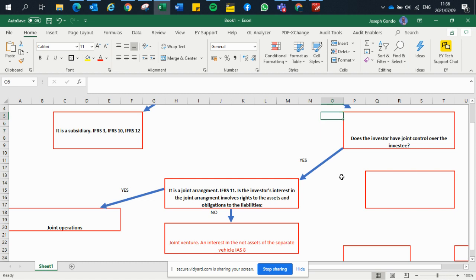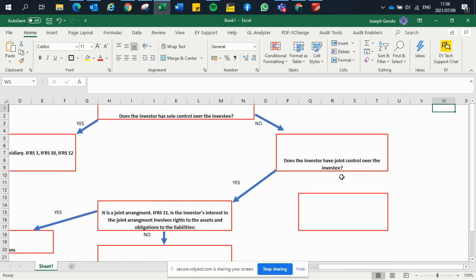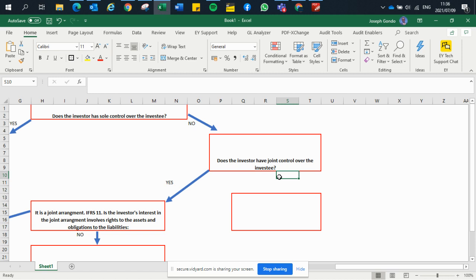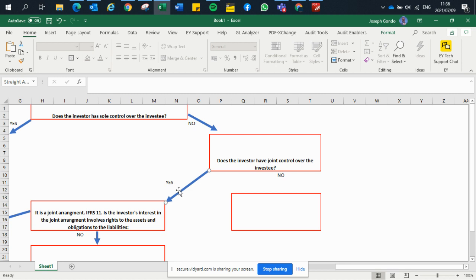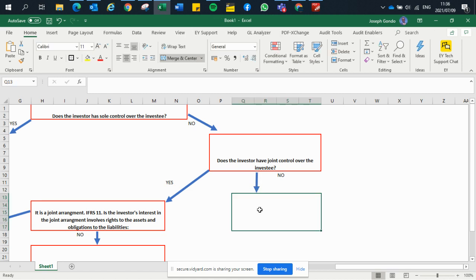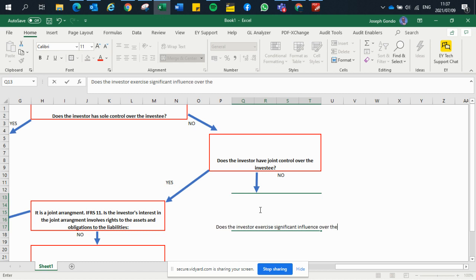Okay, so if we go back to our next question, when we said, does the investor have joint control over the investee? What if the answer is no? If the answer is no, you have to ask yourself yet another question: does the investor exercise significant influence over the investee?